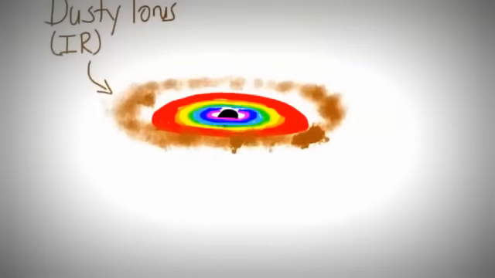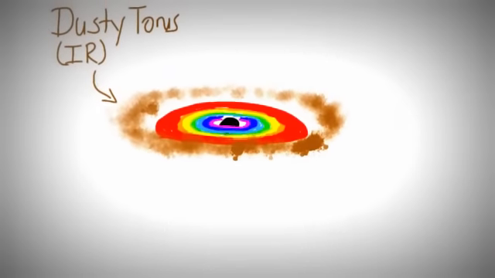And because it's dusty and it's more or less opaque to light, it absorbs that light and it heats up the dust and it re-emits it as infrared light. The dust is warm and glowing in the infrared. So the accretion disk produces ultraviolet and visible. The torus produces infrared light.